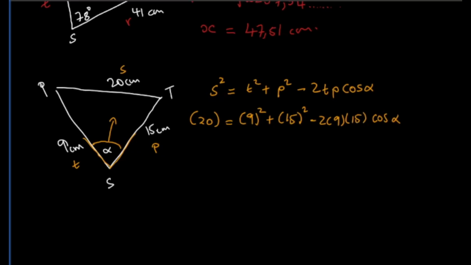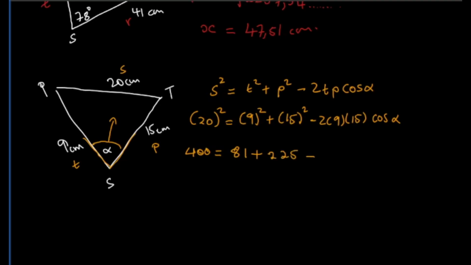So now you can use your calculator. What is 20 squared equal to on your calculator? 20 squared is equal to 400. Okay, so this will be equal to 9 squared, that's 81, and then 15 squared is 225.